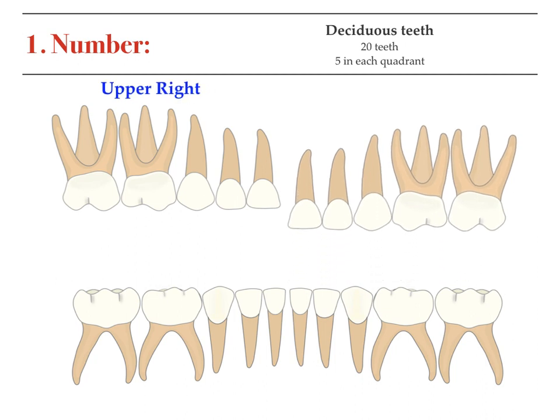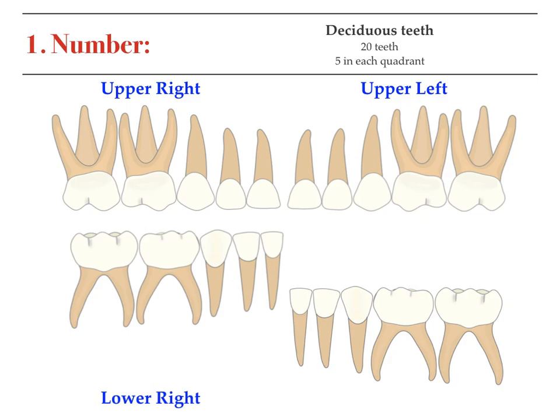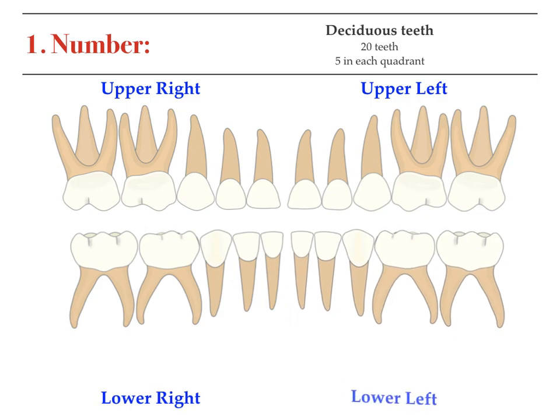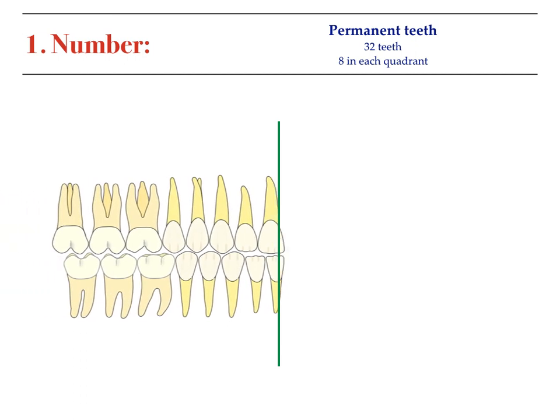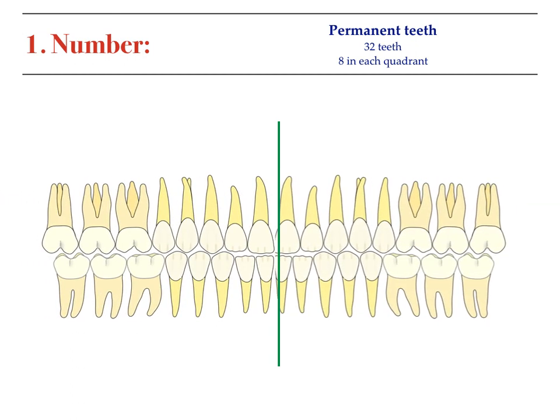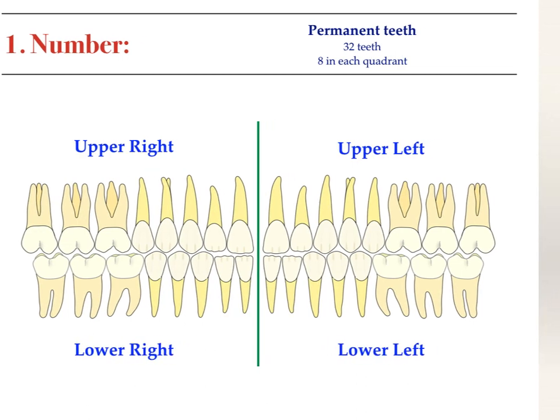Upper right quadrant, upper left quadrant, lower right quadrant, lower left quadrant. In contrast, permanent teeth are 32 in number, 8 in each quadrant. Upper right, upper left, lower right, and lower left.